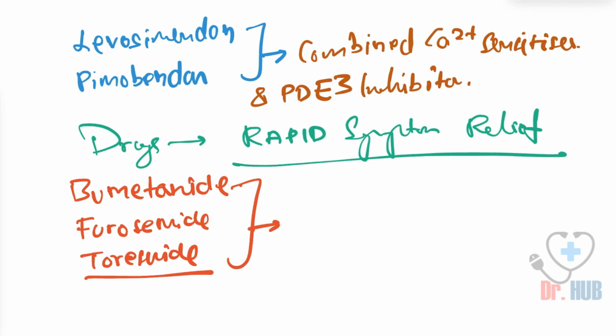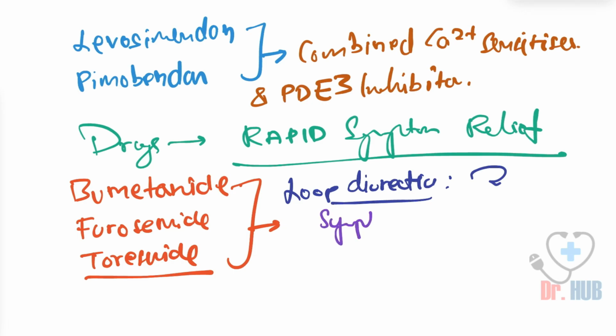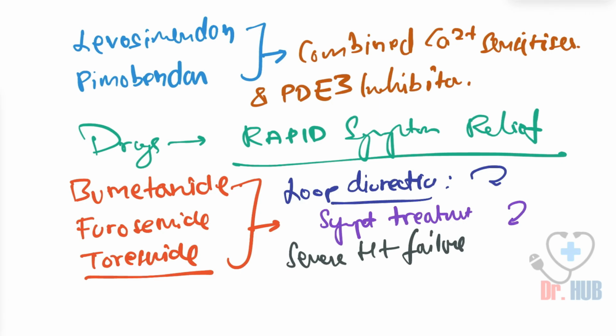These drugs are loop diuretics, and they are used for the symptomatic treatment of severe heart failure and acute decompensation.